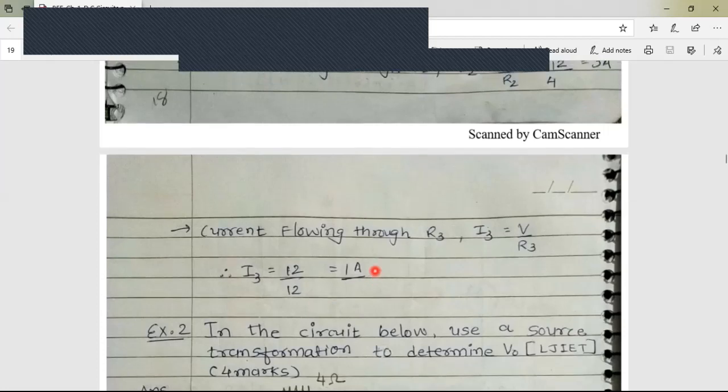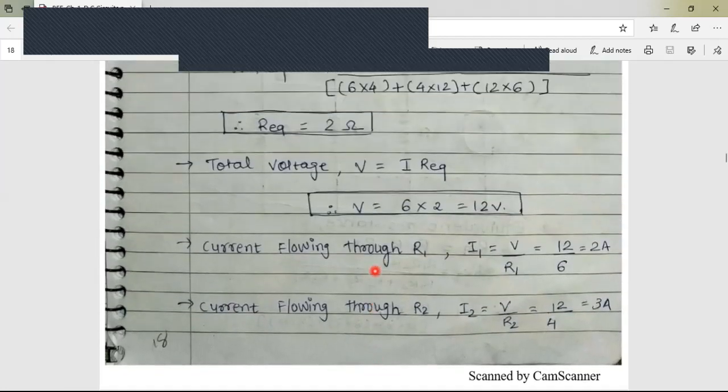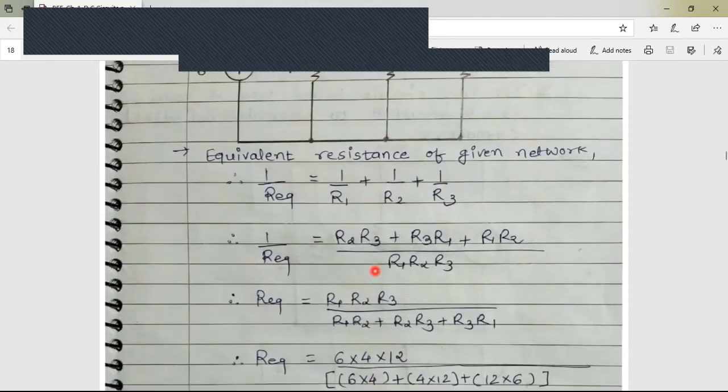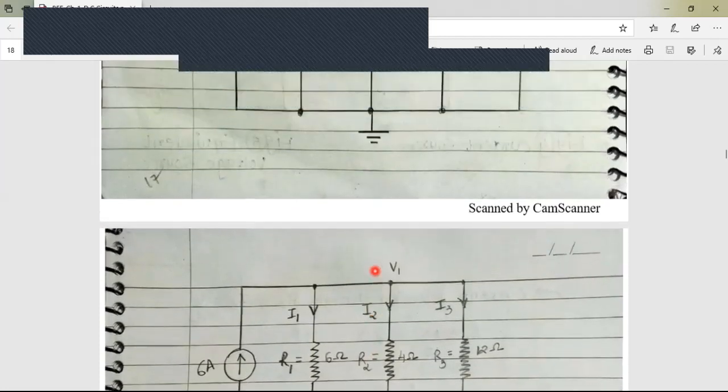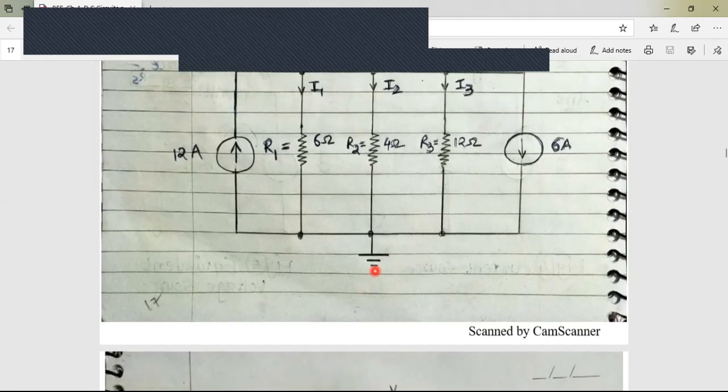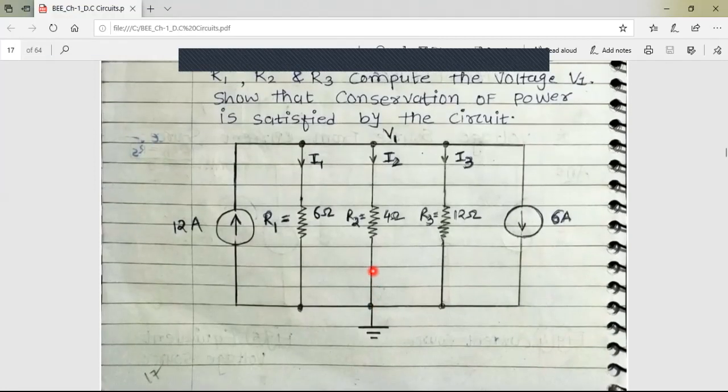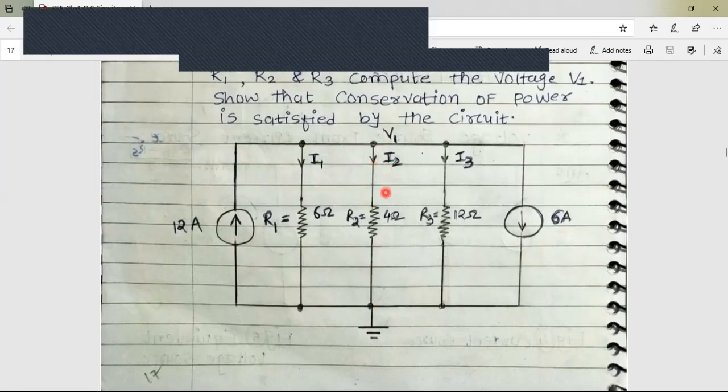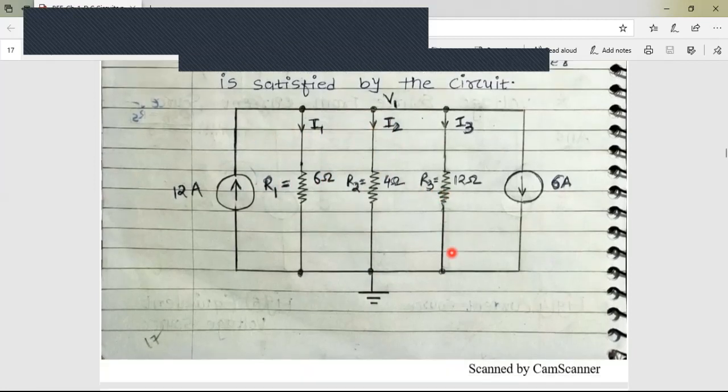So from that numerical, we can find the current flowing through all the resistances. We have to find the total voltage, and then we can find the current flowing through each resistor because we have the total voltage and resistances.